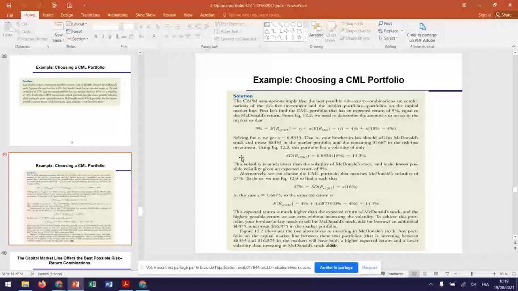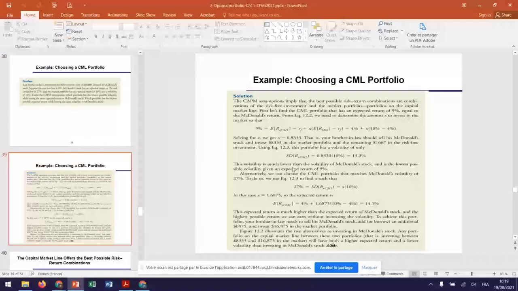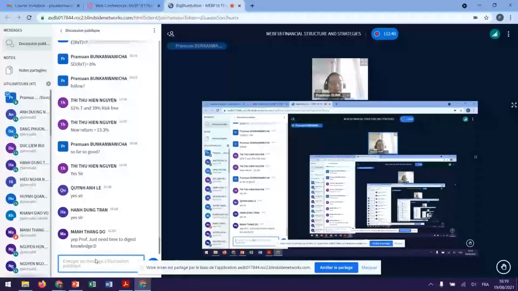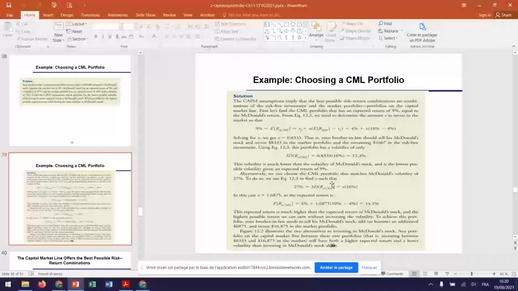The new investment will generate 9% expected return, where you bear only 13.3% volatility, which is much lower than the 27% earlier. Does that make sense? Yes, that makes sense. Perfect, at least one replied to me.